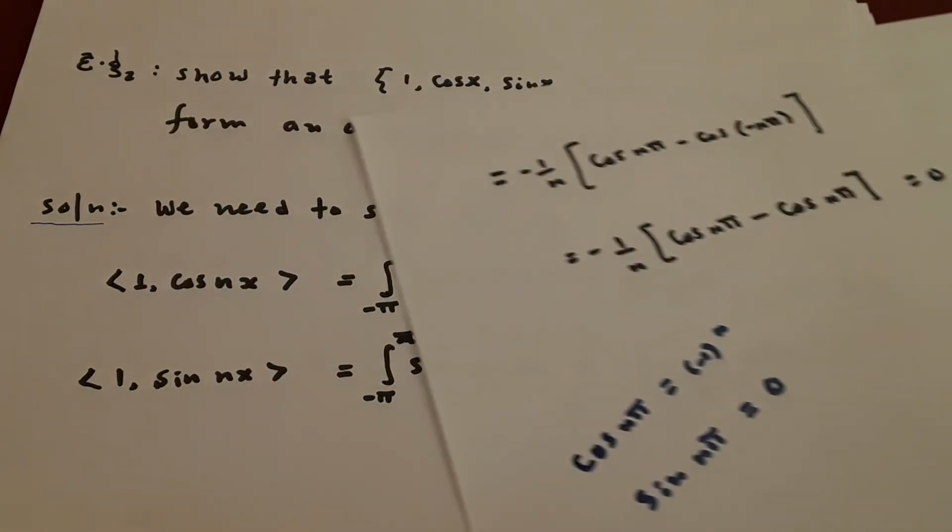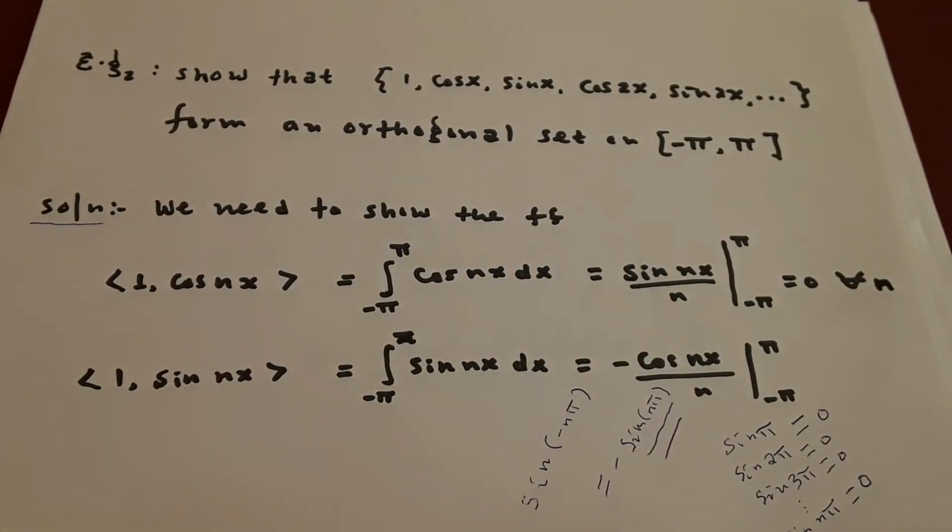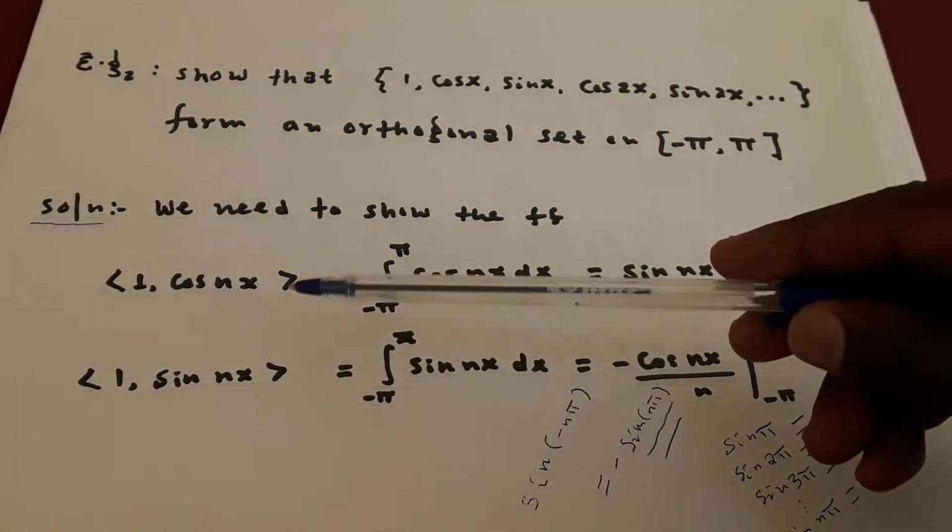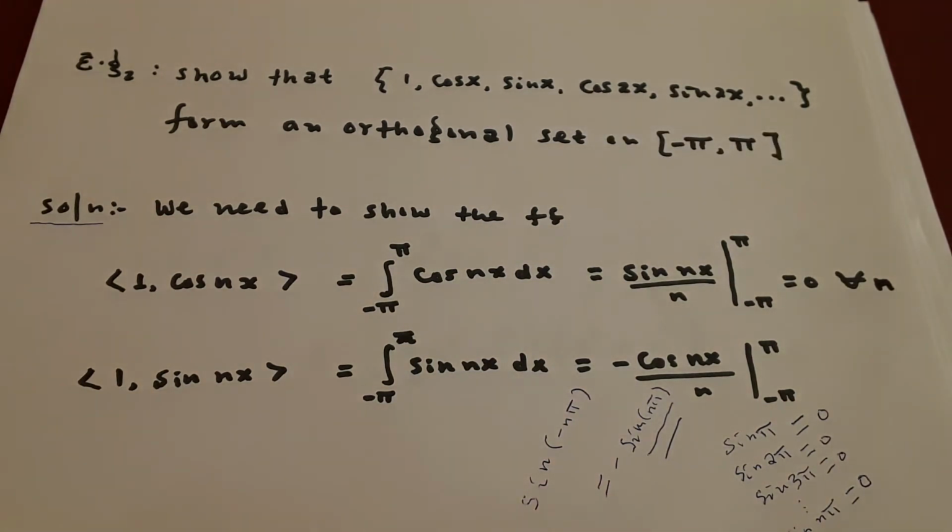So 1 is orthogonal to any cos nx. That means 1 is orthogonal to cos x, cos 2x, cos 3x, and generally cos nx. Similarly, 1 is also orthogonal to sine x, sine 2x, sine 3x, and generally sine nx.